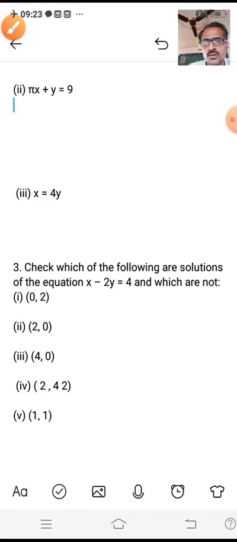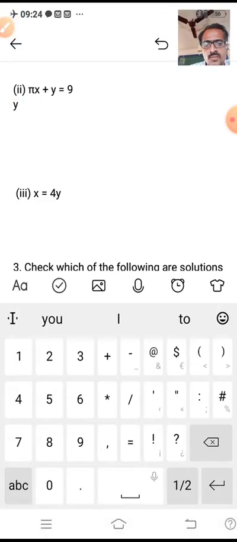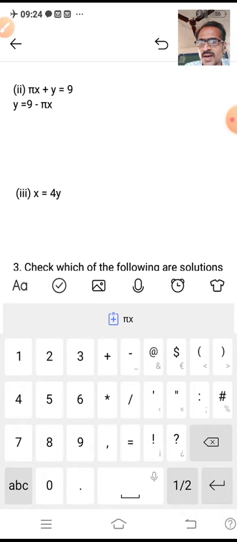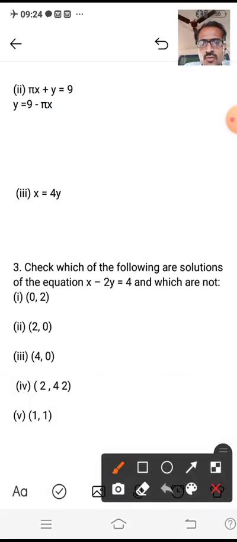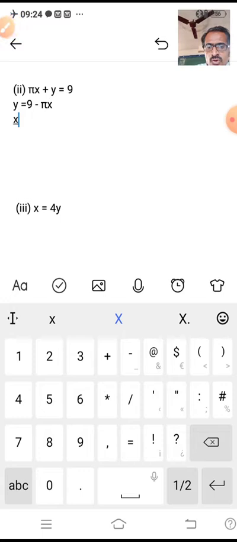So let us solve. I will have y equals 9 minus pi x. As I told you, whatever variable we have towards the right hand side, that value we are going to take. So on the right hand side we have x, so we'll start taking values of x from 0. Let us take the first value of x to be x equals 0.